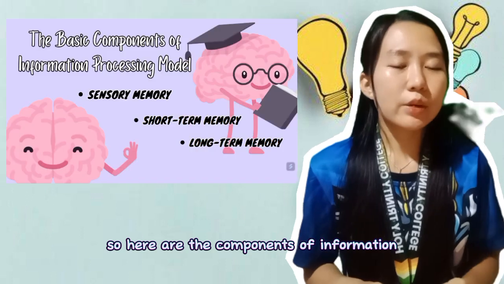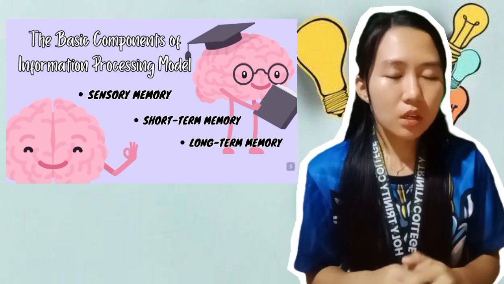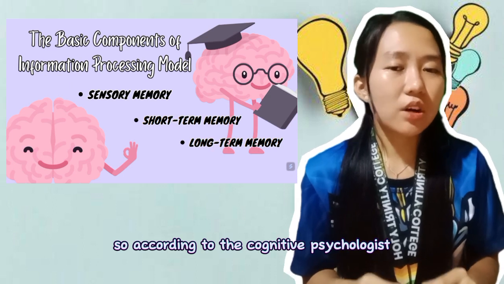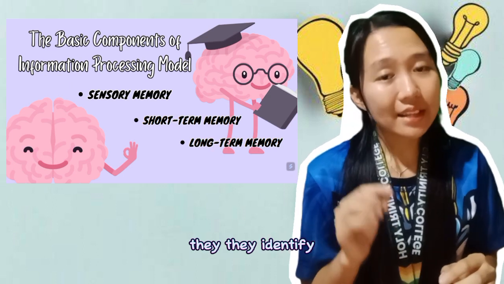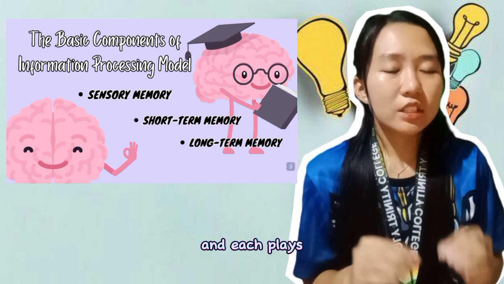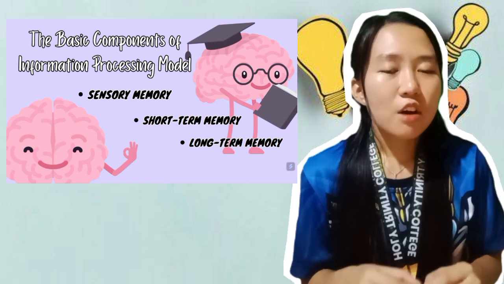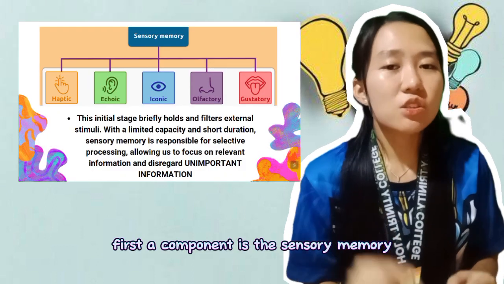So here are the components of the information processing model. According to cognitive psychologists, they identify three primary components of information processing, and each plays a crucial role in the overall cognitive process. First component is the sensory memory.